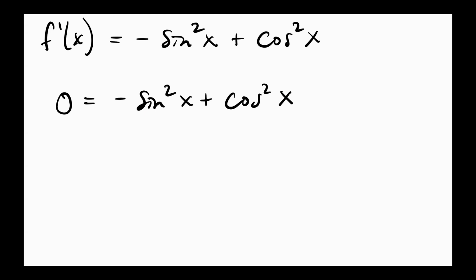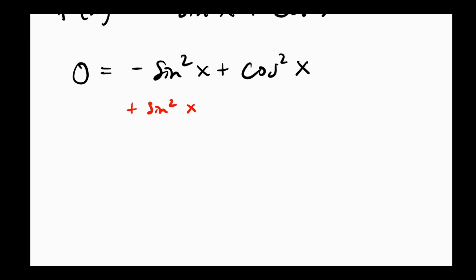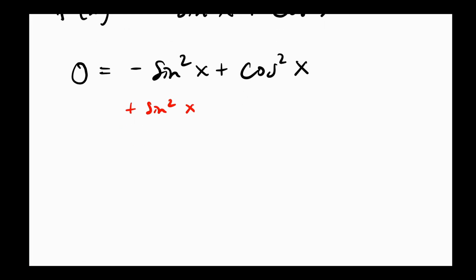So with trig functions, they're kind of different. They're a different breed, right? So this is what I do: I'm going to add sine squared of x to both sides.